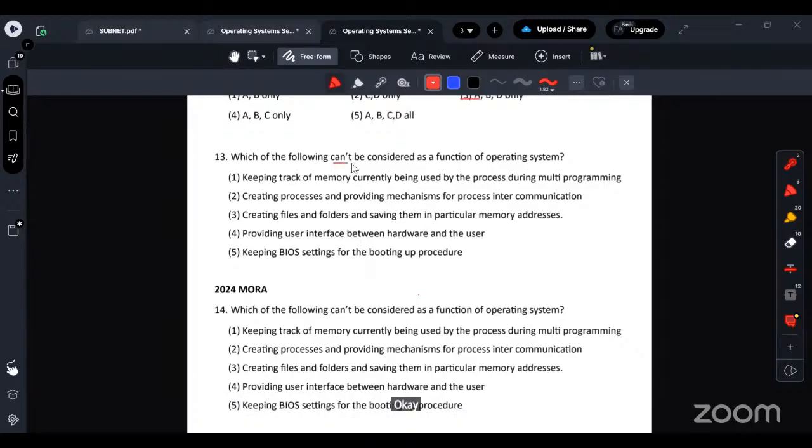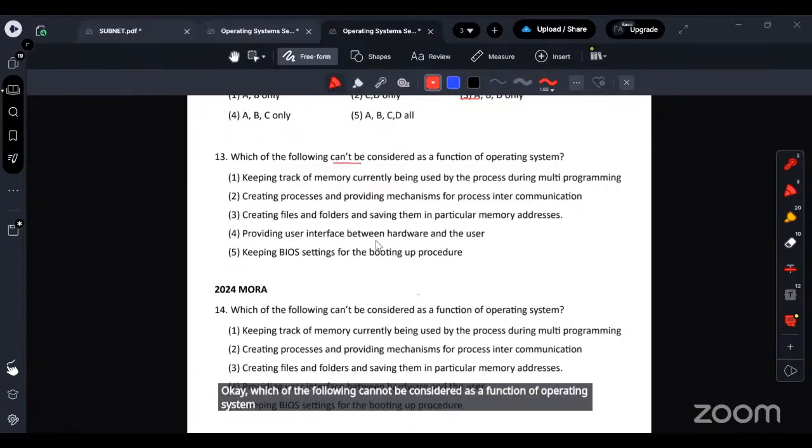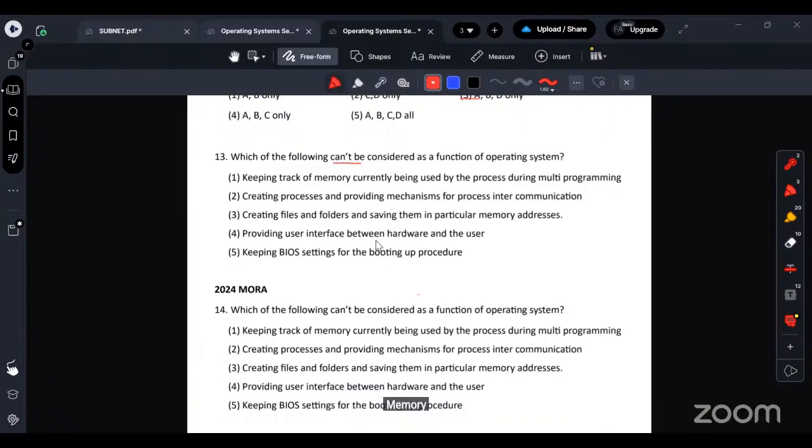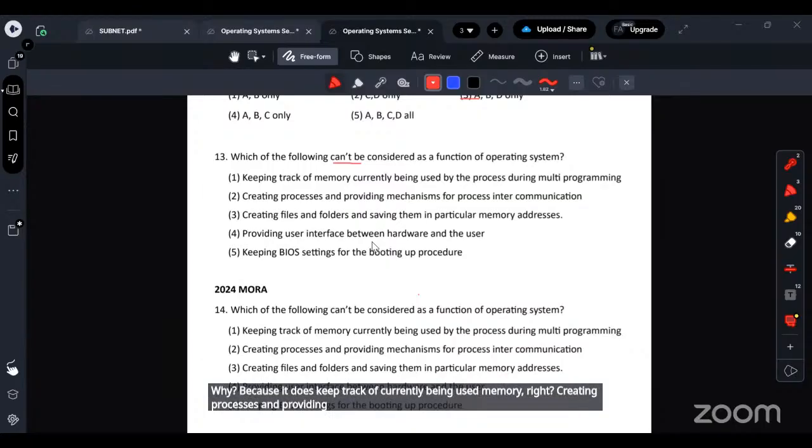Okay, which of the following cannot be considered as a function of operating system? Keeping track of memory currently being used by the process during multiprogramming. So this is true, because it does keep track of currently used memory. Creating processes and providing mechanisms for process intercommunication.